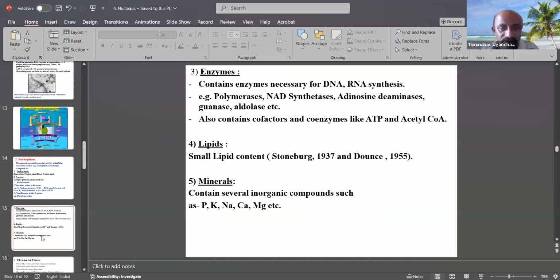Third are enzymes. Majorly, 5 types of components dissolve into the nucleoplasm: first nucleic acids, second proteins, third enzymes, fourth lipids, fifth minerals.